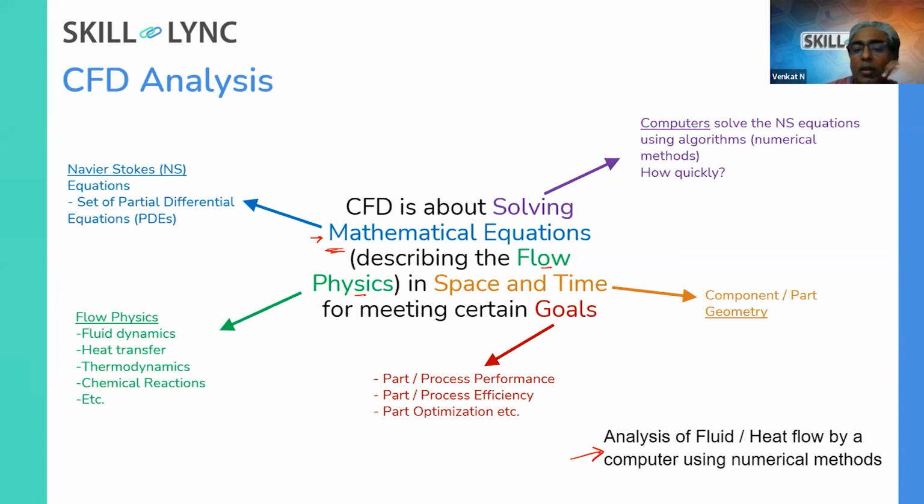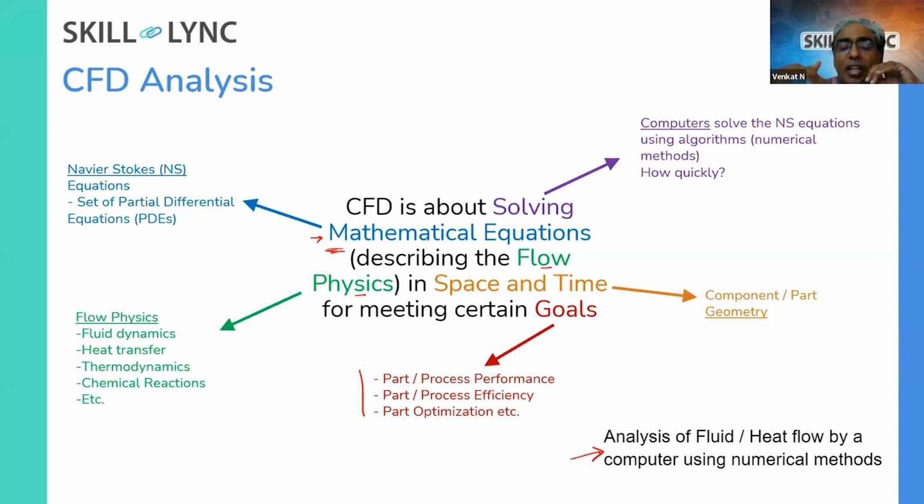Okay. Now, why are we doing all this? To meet certain goals. What are the goals? If you're dealing with some pump or a turbine or a fan, we are trying to optimize the flow rate. We are trying to optimize the pressure. We are trying to optimize the velocities. So how should our turbine blade be shaped so that we get the best possible flow with minimum losses? So all this we are doing while keeping certain targets and goals.